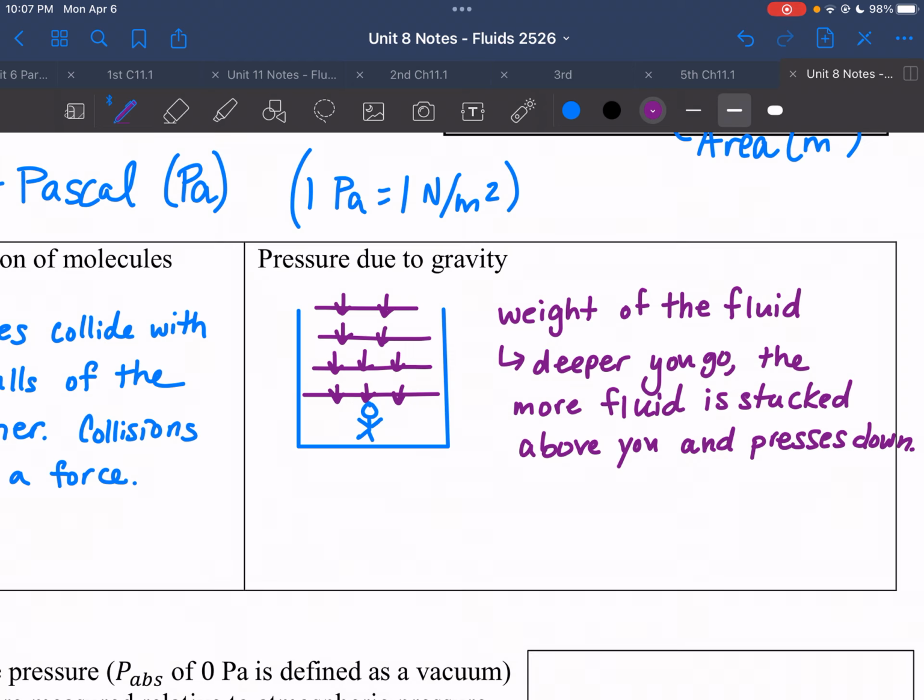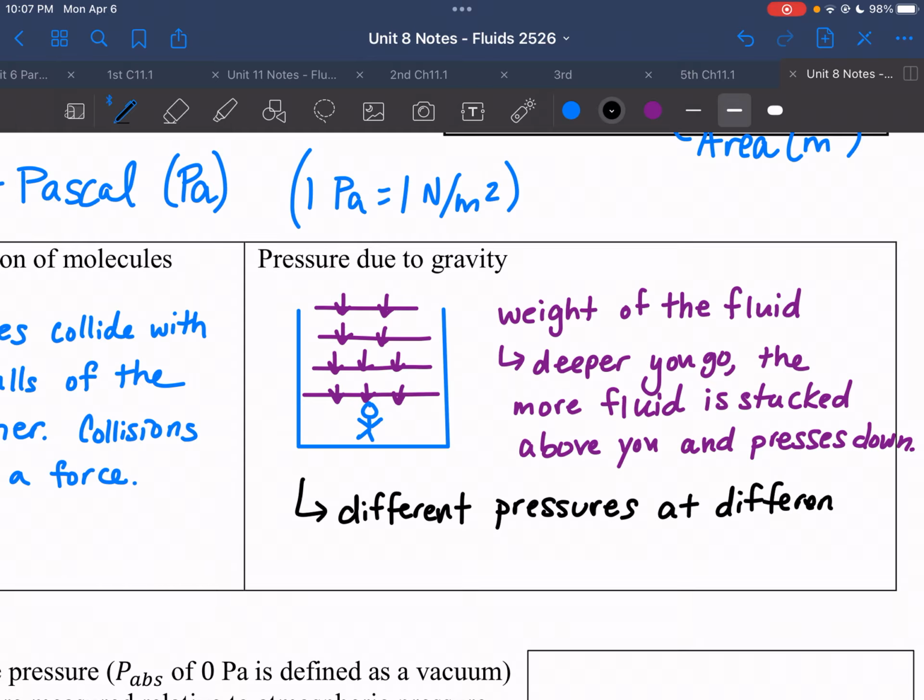This is used to show that you have these different pressures at different depths or altitudes. So you have different pressures at different depths.